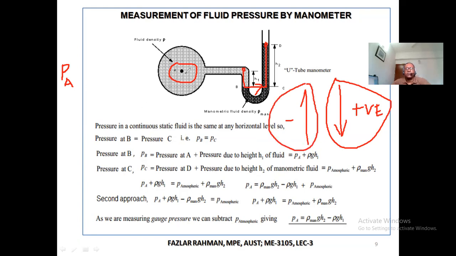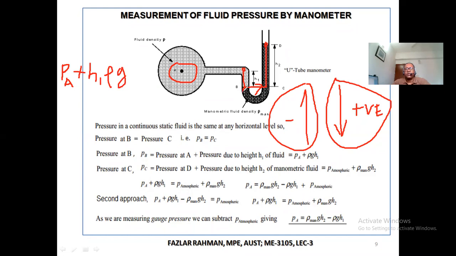So let's start from point A. Point A means you are right over here. Then come to point B. That means you are going down, so obviously I'm putting a plus sign. How much going down? Height H1. So H1 rho g.